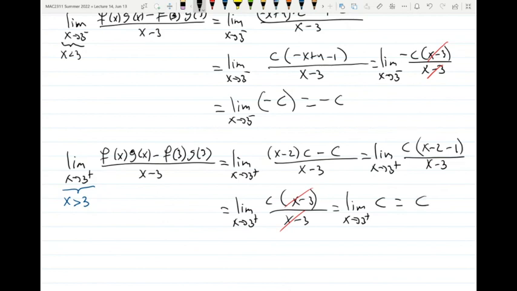This is equal to 0. So the left limit is negative c, and the right limit is positive c. When will these two limits be equal to each other? There's only one case in which they will be equal. What value of c will guarantee that these two things are the same? 0.